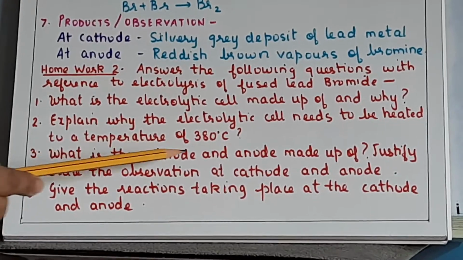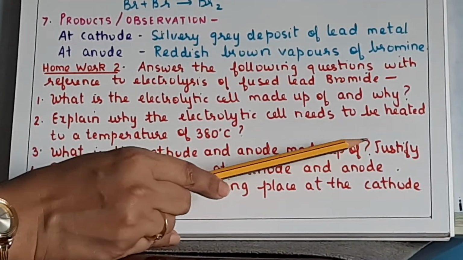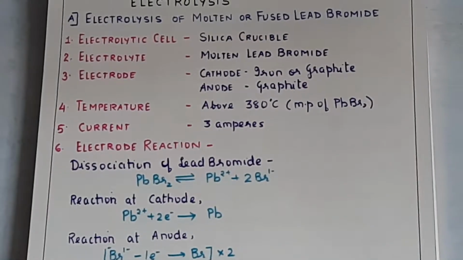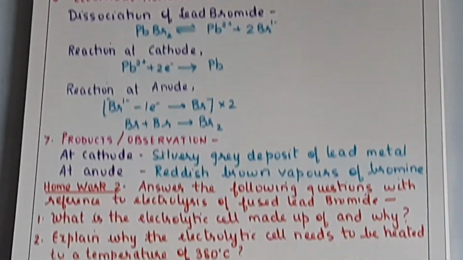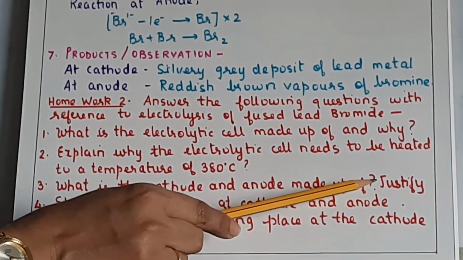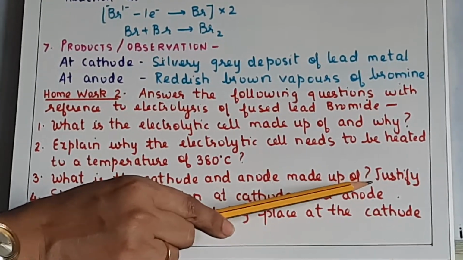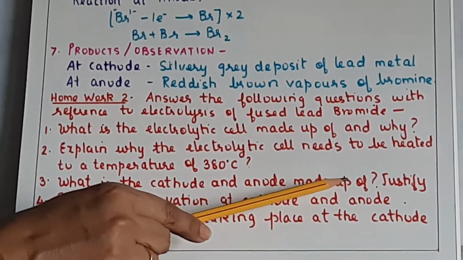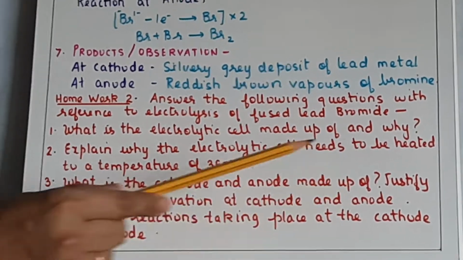Then third: what are the cathode and anode made of? Justify. So the cathode and anode are both made of graphite. And why? Because they will not interfere with the highly reactive bromine vapors. That is the reason inert electrodes are used. And also they will not interfere with the discharge of the neutral atoms at the respective electrodes.